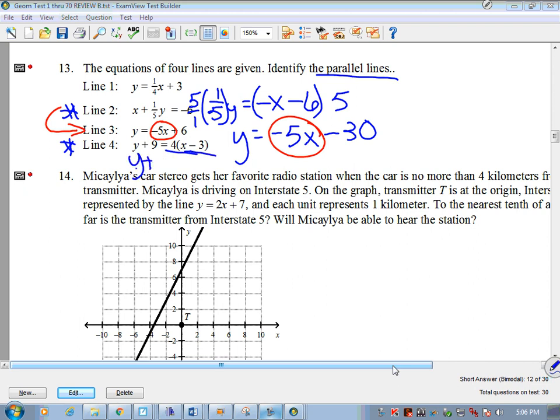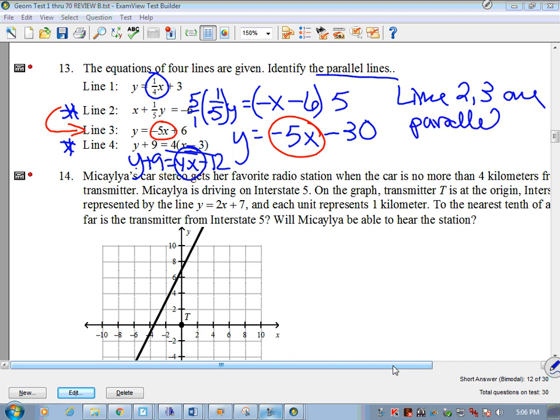I'm going to get y plus 9 equals 4x minus 12, and I know I'm going to end up subtracting 9, but I already know the slope to be 4x, which is not parallel to 1/4. It's not parallel to negative 5. So in short, lines 2 and 3 are parallel, and they're the only two in there that are parallel.